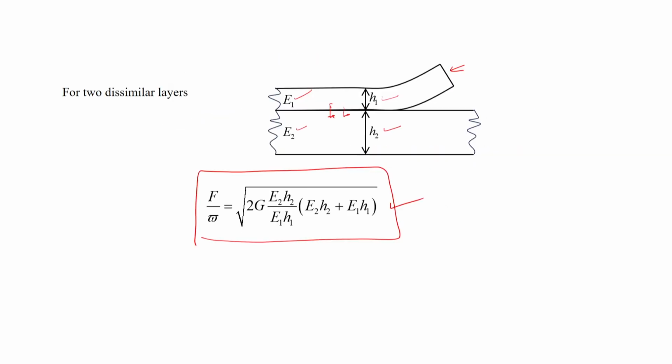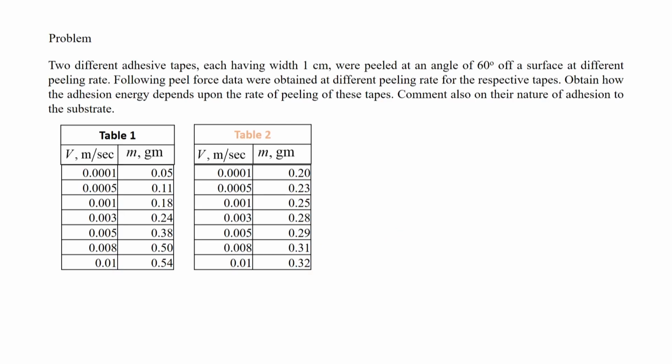So these ideas can be further extended and one can get the peel force for this kind of situation, basically delamination. There are lots of interesting papers on delamination. If you are interested, you can read, but this is the basic idea that I have just shown you from Kendall's paper.